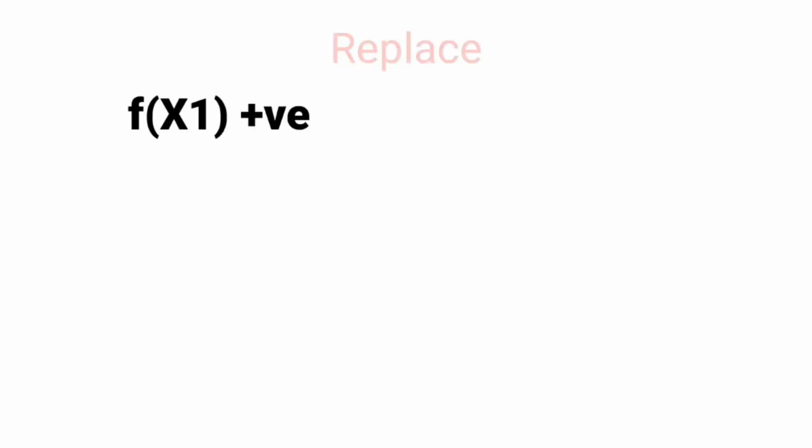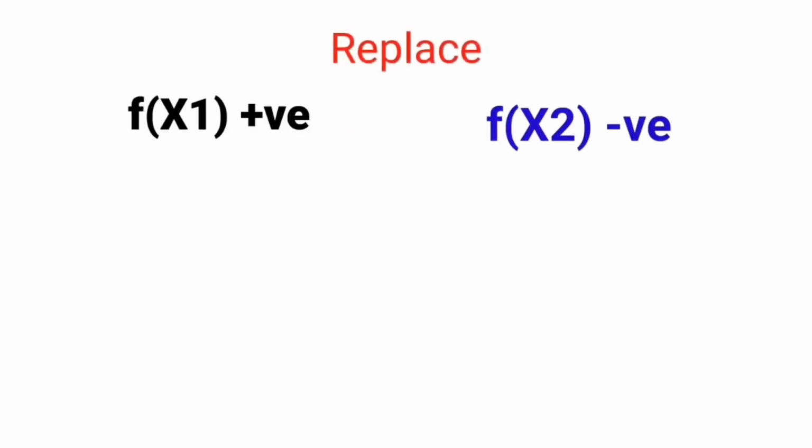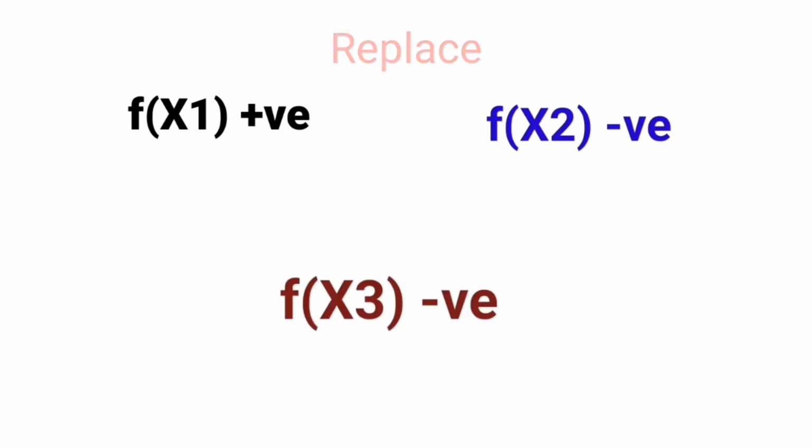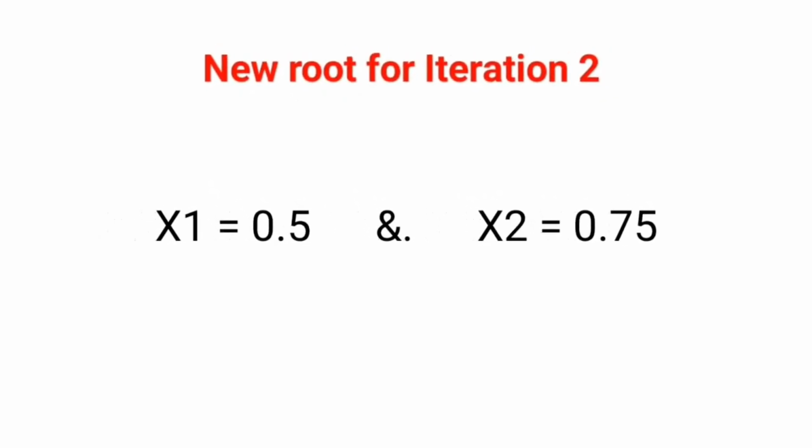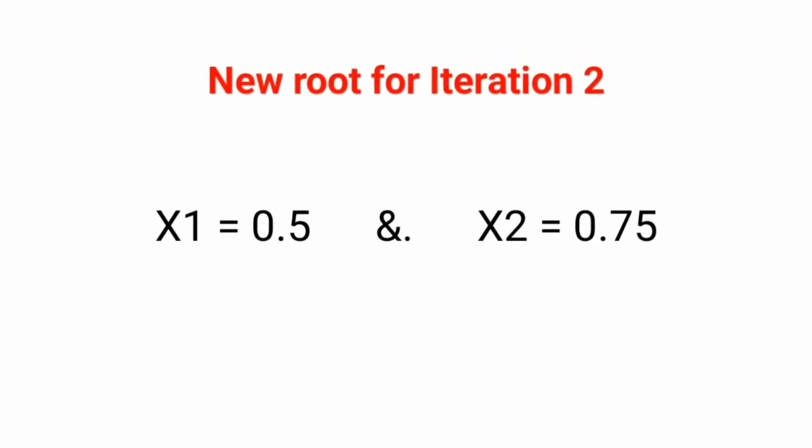Now first of all, for replacing: f of x1 we have got positive, f of x2 was negative, and f of x3 is also negative. So replace x2 by x3, as both have the same sign. Now the new roots are x1 equal to 0.5 and x2 equal to 0.75.